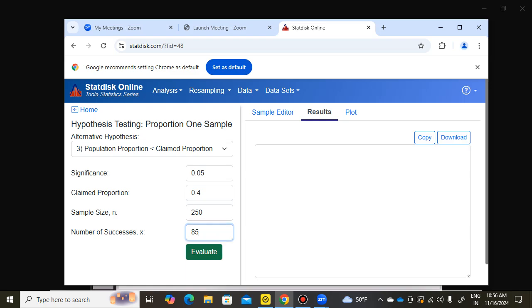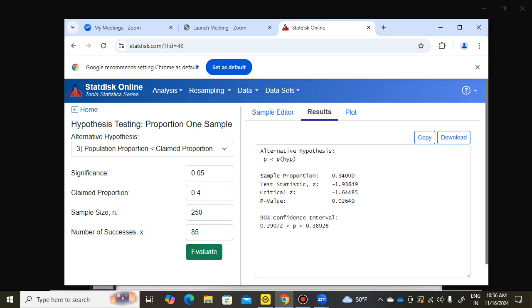But we will evaluate it. Okay, you get back your sample proportion, so 34% is what we got. You get back your z-score. So in the results, z equals negative 1.94. You get your critical values.